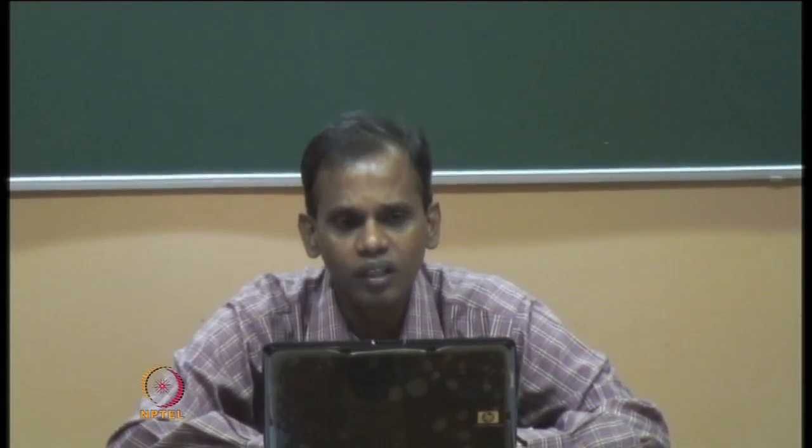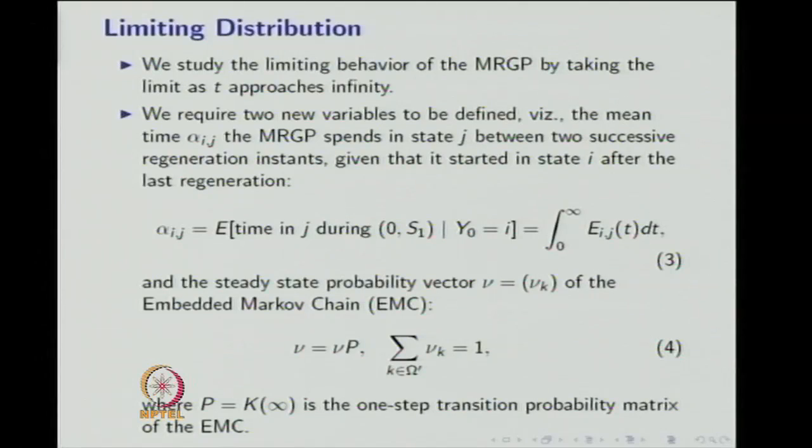Now we are going to discuss the limiting distribution or steady state measures. We study the limiting behavior of the MRGP by taking the limit as t approaches infinity. We require two new variables to be defined, namely the mean time alpha_{i,j} the MRGP spends in the state j between two successive regeneration time instants, given that it started in the state i after the last regeneration.